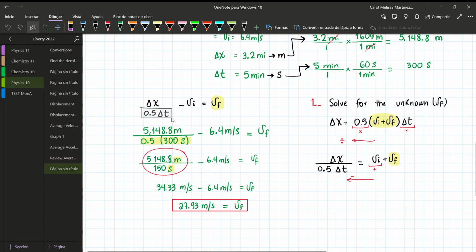Remember, you first solve for the denominator, 0.5 times 300. Then you solve for the division, 5,148 divided by 150. 150 is the result of multiplying 0.5 times 300. You obtain 34.33, and in the last part you make this subtraction. 34.33 minus 6.4 gives you in the end 27.93 meters per second.